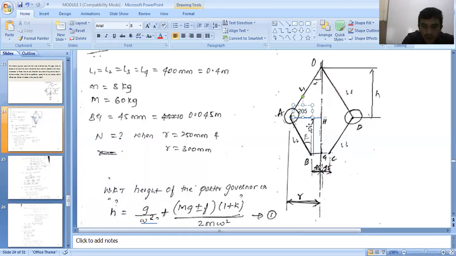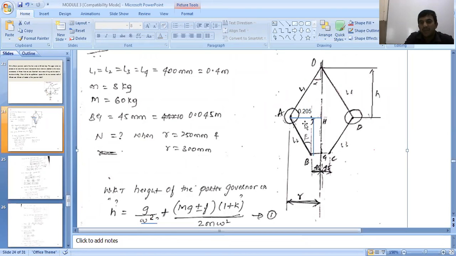Next, how do you calculate BJ? What type of triangle is it? Right angle triangle. By applying the Pythagoras theorem. Yes, Pythagoras theorem.